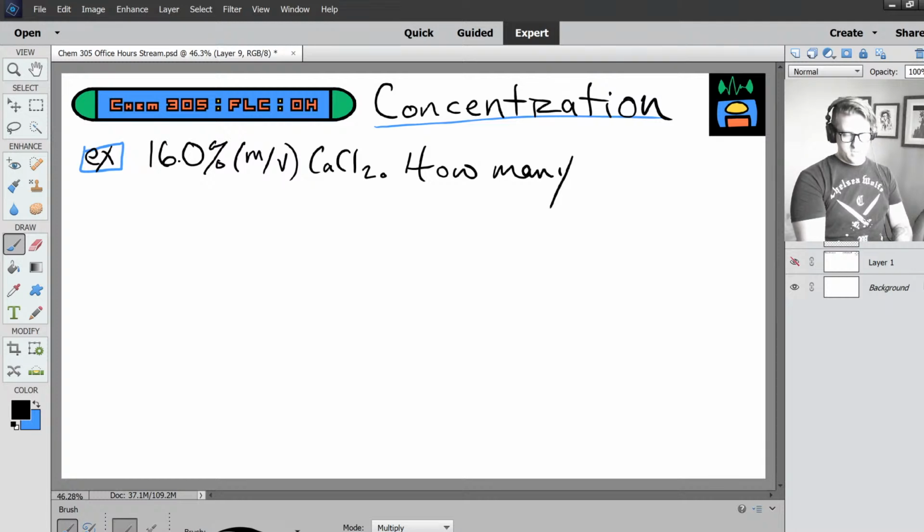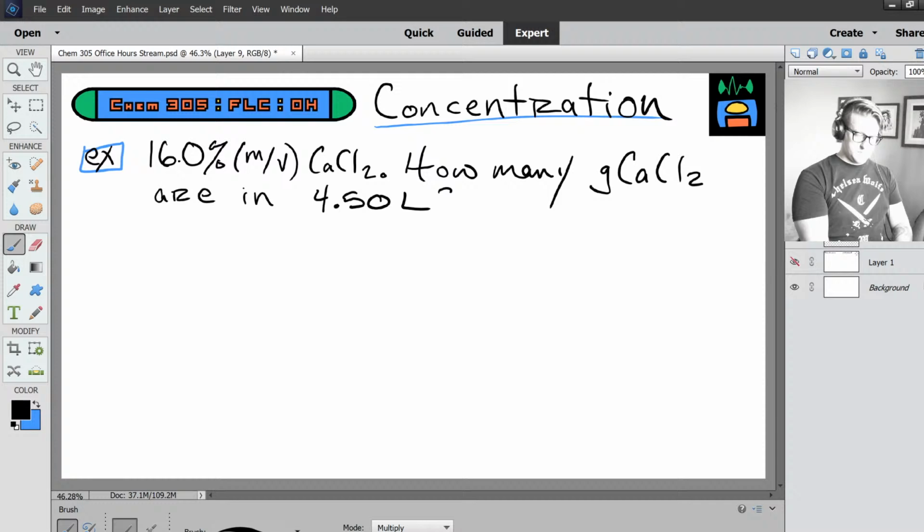How many grams of calcium chloride are in 4.50 liters of solution? All right, there's one example.